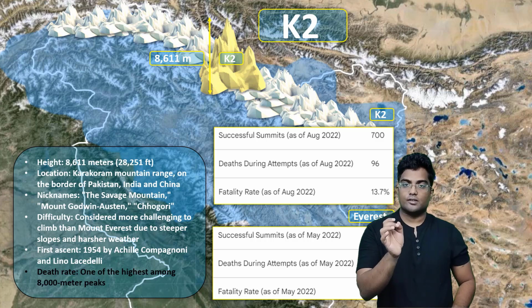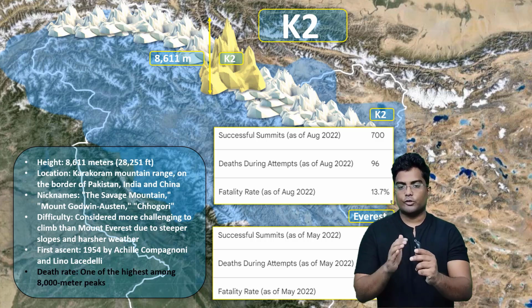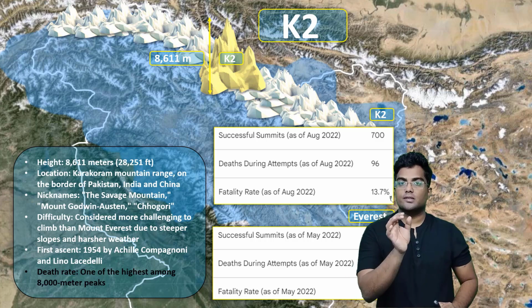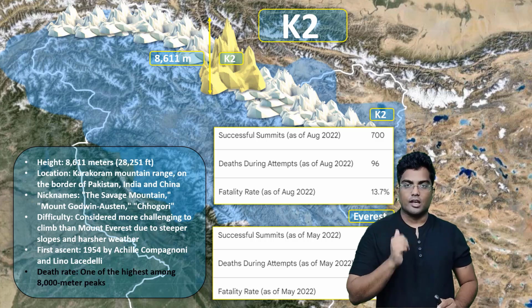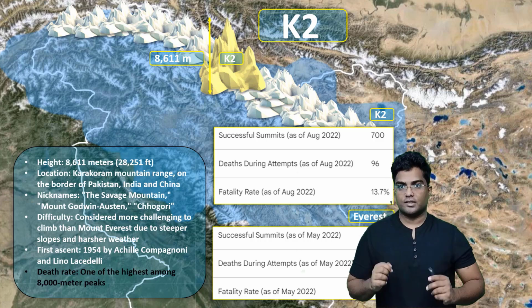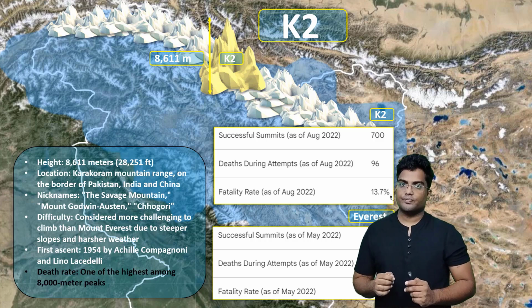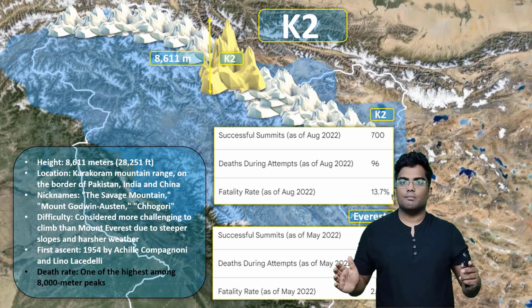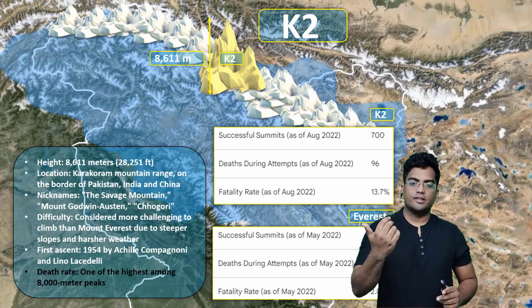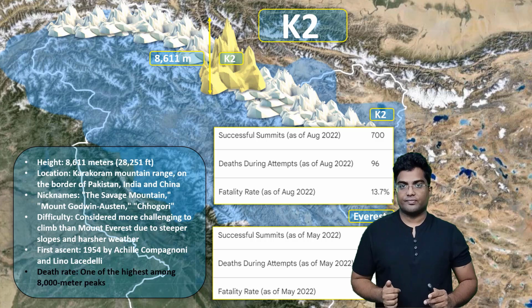However, only around 330 people died. If you take the percentage, the fatality rate is 13.7% in K2. However, Everest, despite being the tallest mountain in the entire world, has a death rate of only around 3%. There's a significant mismatch between the fatality rates in K2 and Everest.